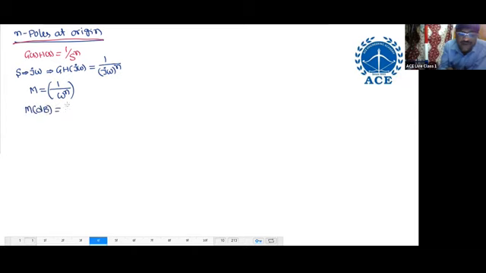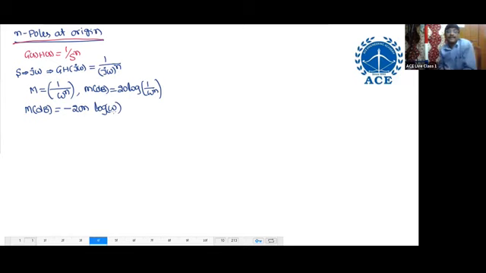Just apply 20 log. 20 log of 1 by omega power n. It is nothing but minus 20n log omega.